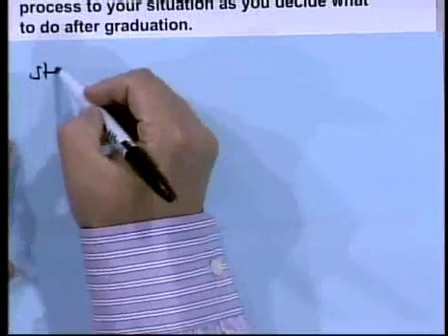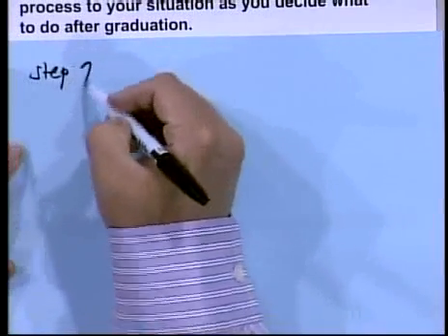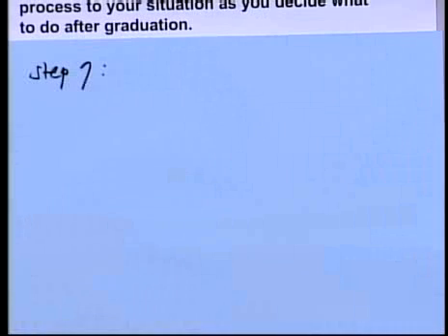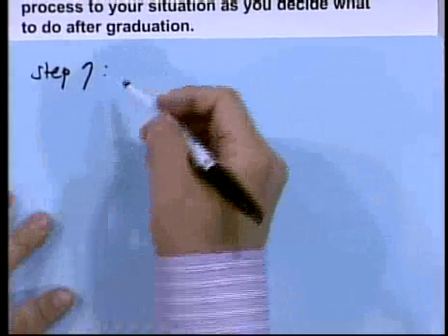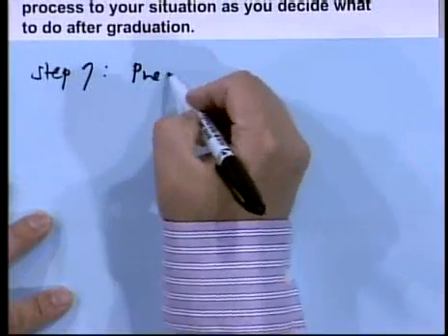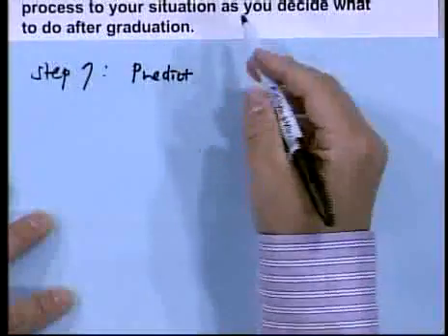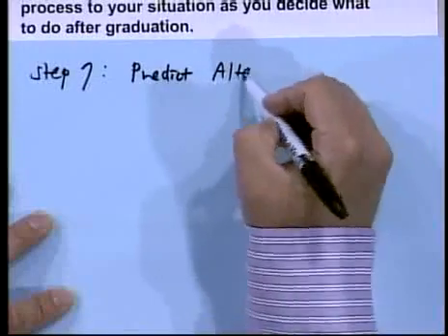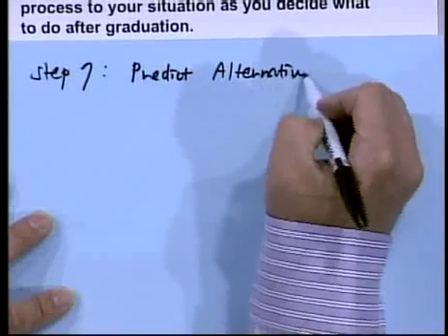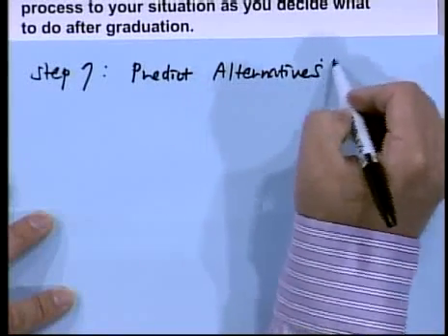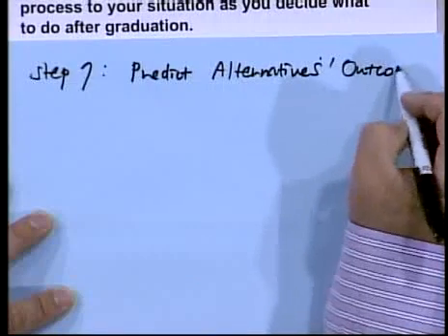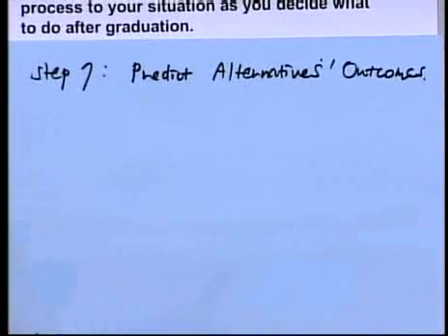And then step number 7. Predict each alternative's outcomes. So for this scenario, there will be two steps here.